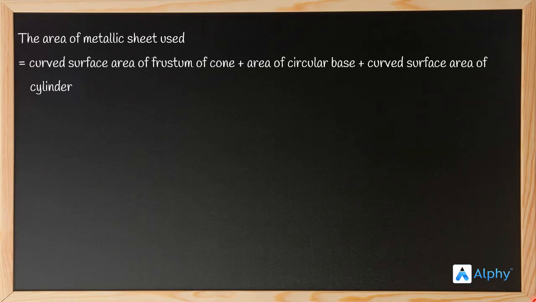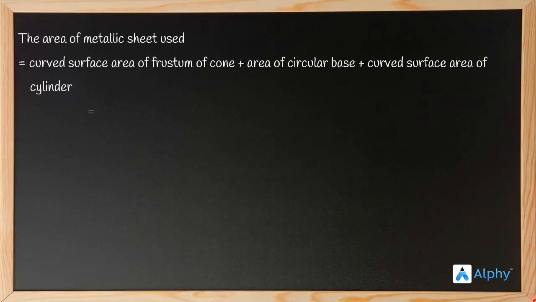Now, we are required to find the area of the metallic sheet, which includes the curved surface area of the frustum, area of the circular base, and the curved surface area of the cylinder. So, the area of the metallic sheet used will be equal to curved surface area of frustum of cone plus area of circular base plus curved surface area of cylinder.